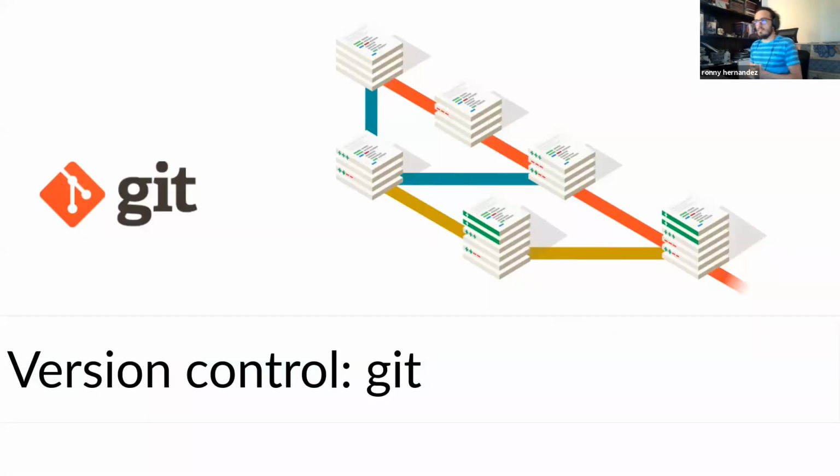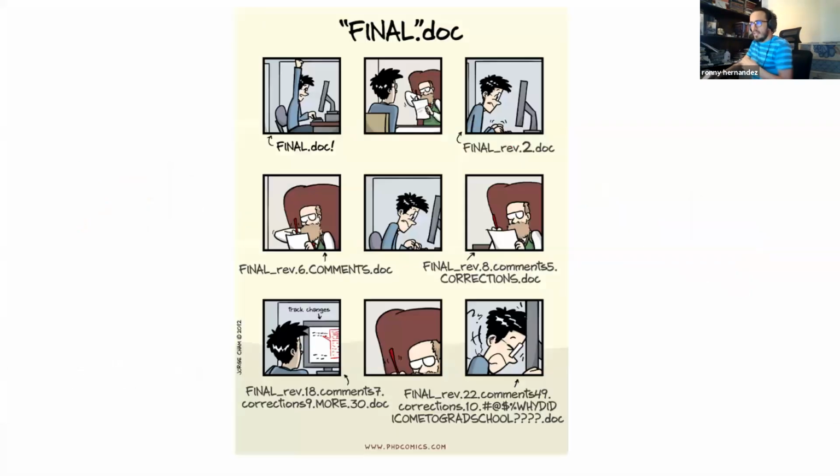Okay, so the first step: what is version control? What is Git? Git is a program that is going to save all the historical points of your project, and you do that in order to avoid this. Probably you have experienced this.